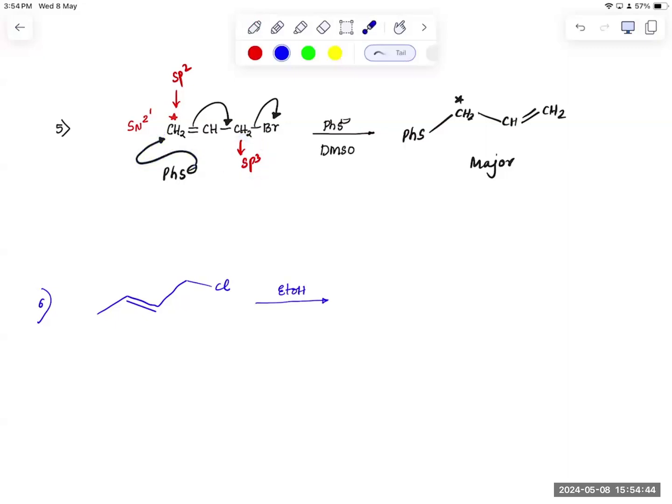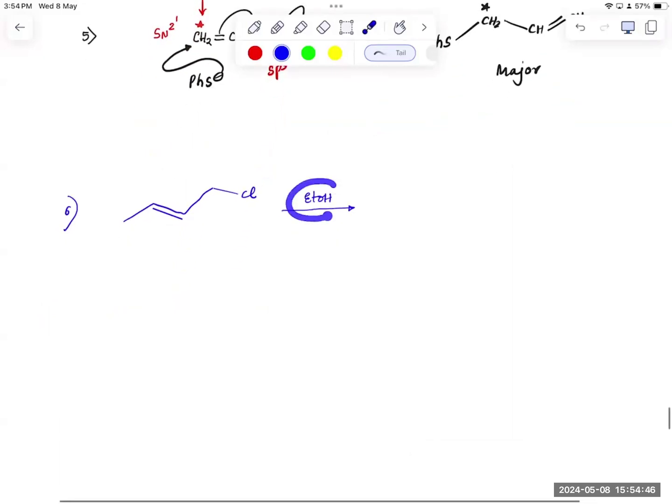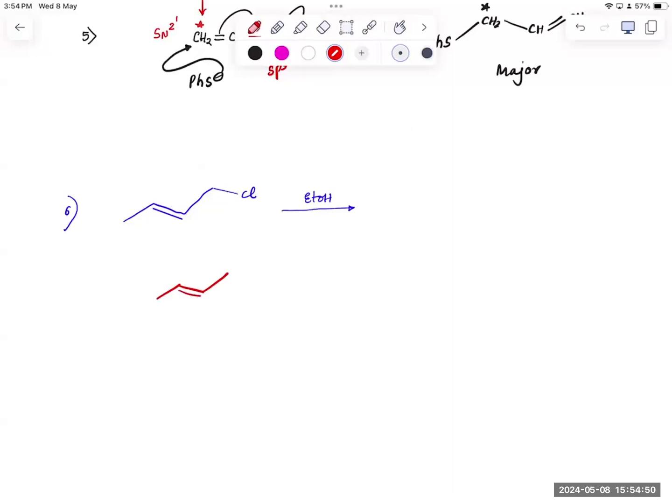When it comes to ETOH here, in case of ETOH, first we'll do a carbocation formation. First we'll get the carbocation here. Then the carbocation will undergo rearrangement here. So we'll get double bond and positive charge here. Okay. So now you can see the more stable carbocation is this one. So both will form in reasonable amount here. So we will have OET also here and we will get double bond OET also here.